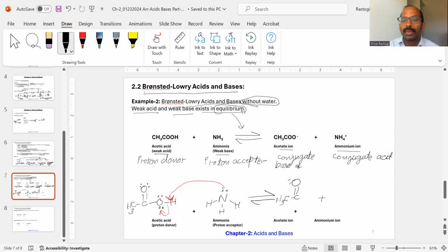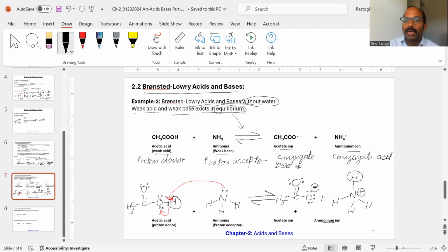Here there is no change in the electronic structure. They all remain the same. This oxygen gets a negative charge because it is donating a proton. And ammonia gets a positive charge because, let's circle this proton, which is transferring from acetic acid to ammonia, and these hydrogens are from ammonia itself, and it becomes a positive ion.